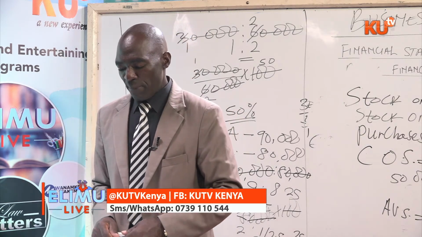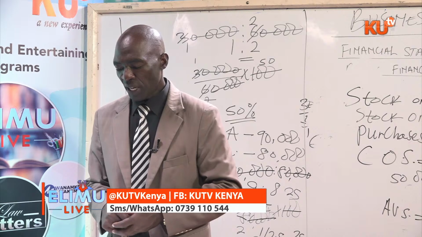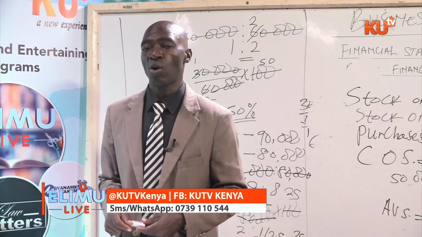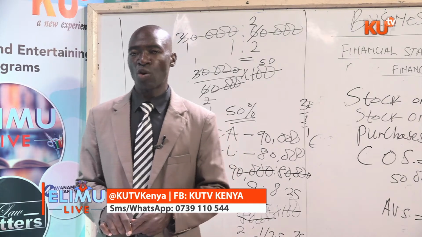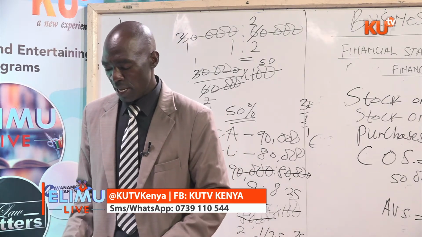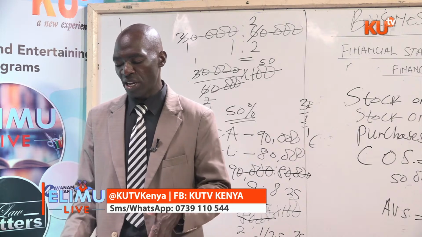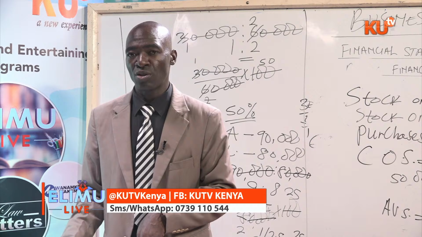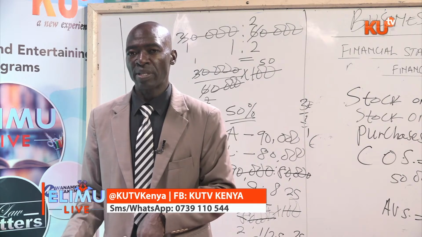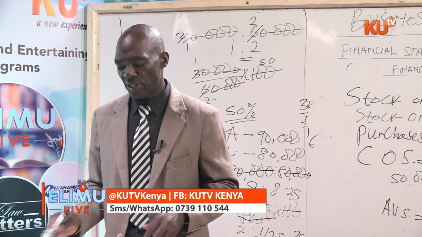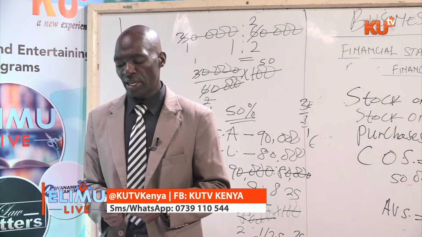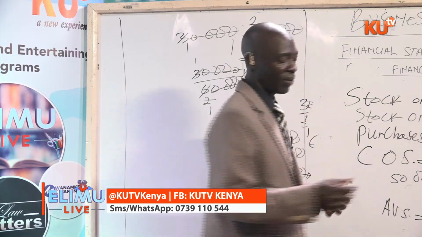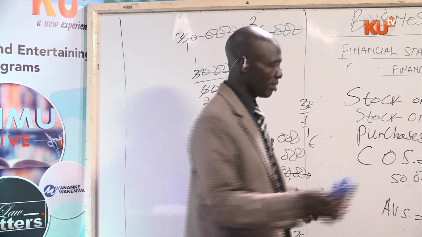Return on capital refers to the net profit expressed as a fraction, ratio, or percentage of the capital invested or capital employed. So if we say net profit is 100,000, net profit is 100,000.